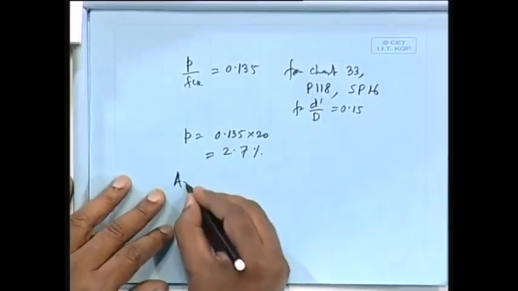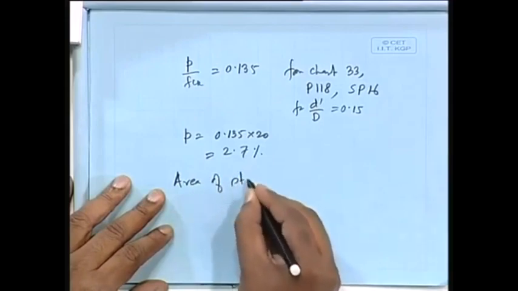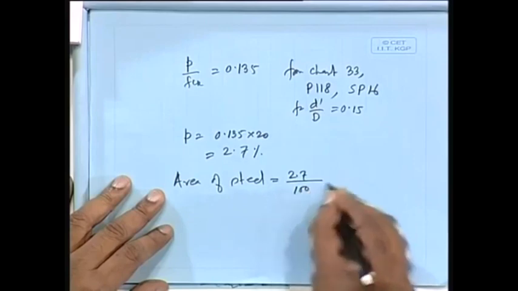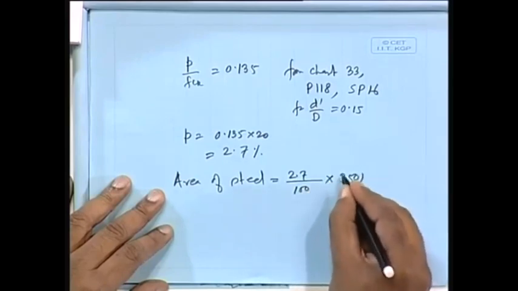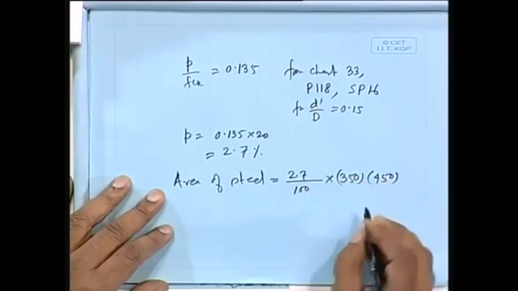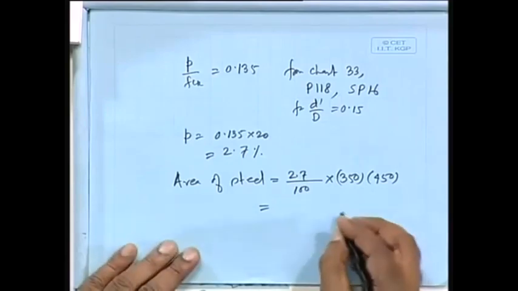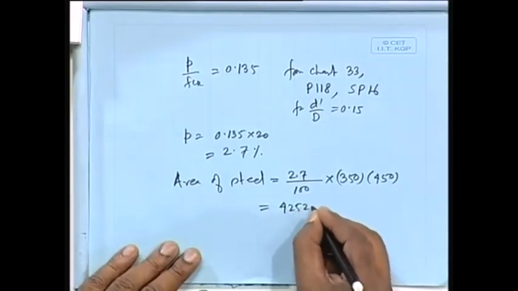So area of steel equal to 2.7 by 100 times 350, that section I have chosen, and times 450, which comes as 2.7 into 350 into 450 divided by 100, so 4252.5.